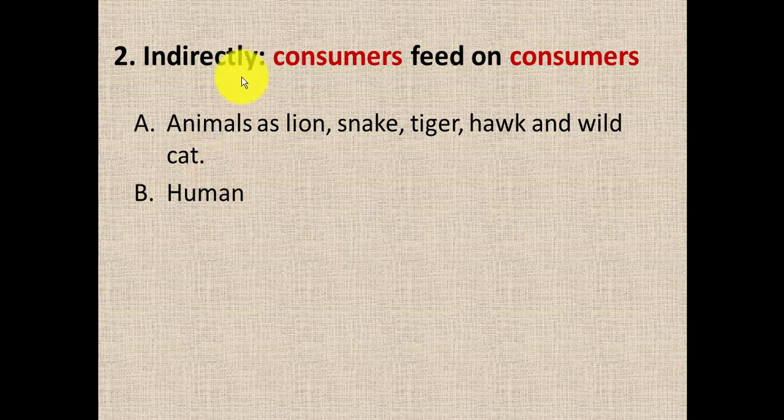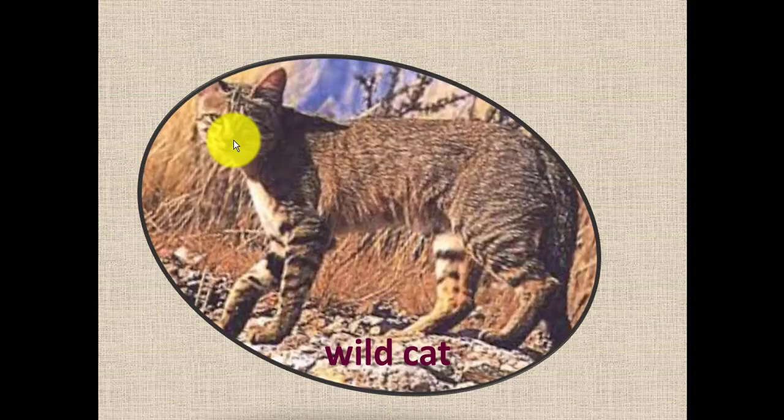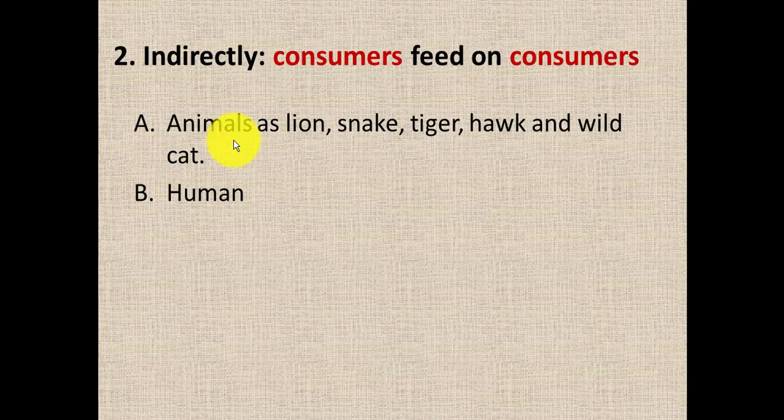Okay, again, indirect consumers are animals that feed on another consumer, feed on another animal, like lion, snake, tiger, hawk, wild cat, and human, and there are a lot of other indirect consumers.